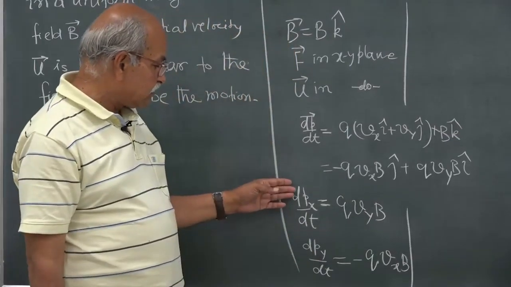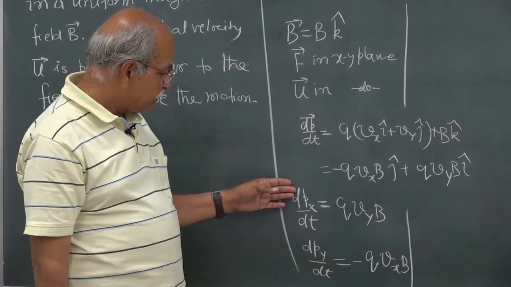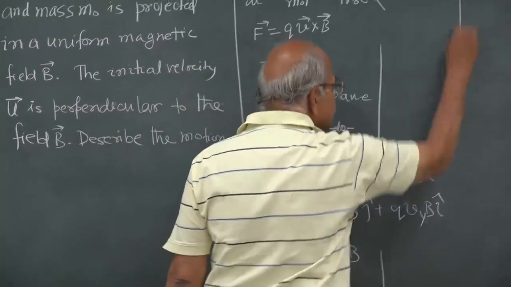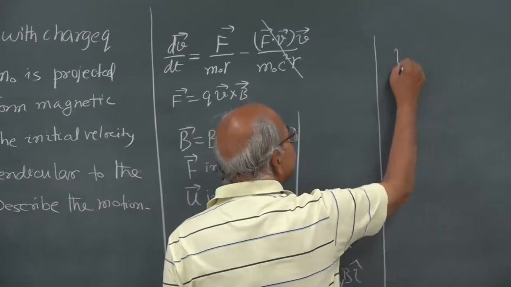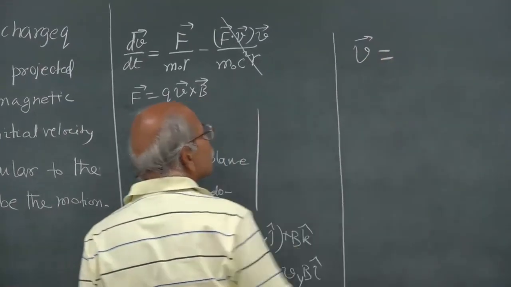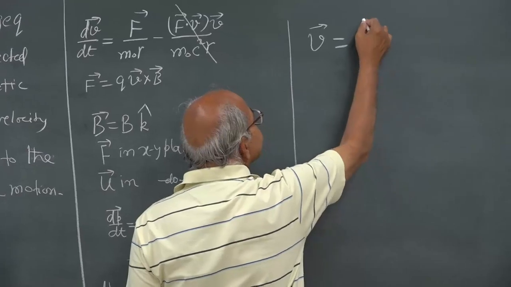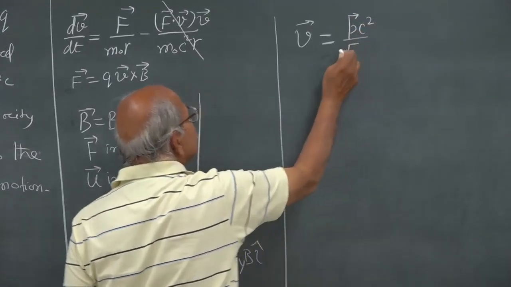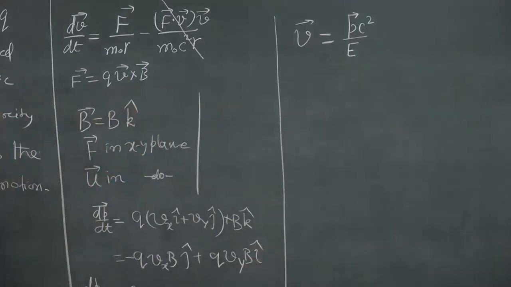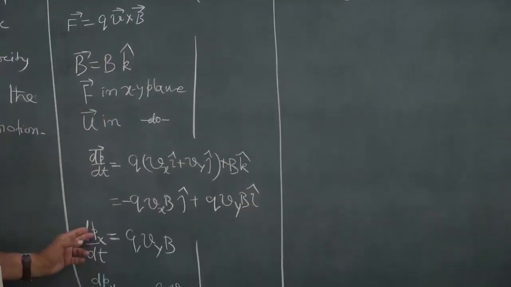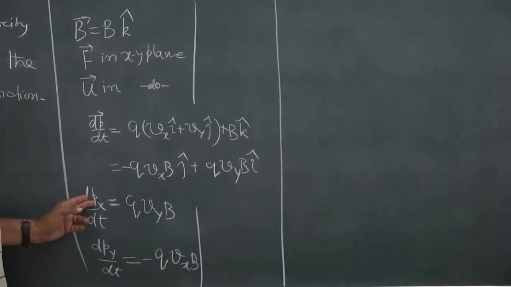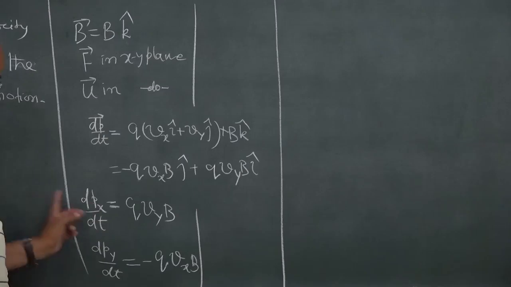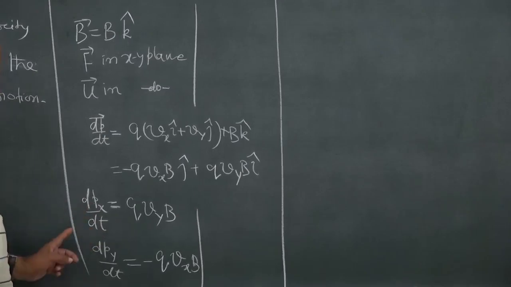I can write this in terms of Vx and Vy, and for that again I will use the same equation, V equal to P c square by E, where E is the total energy. Because if I try to write dVx dt from the other form, it will be difficult because of that square root 1 minus V square by c square coming in all the time.